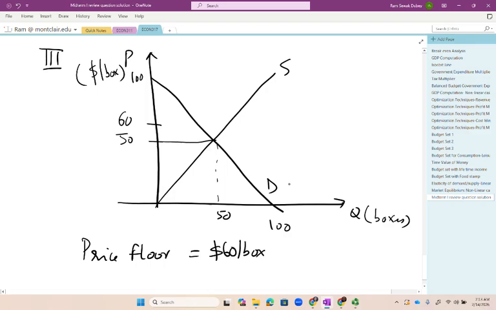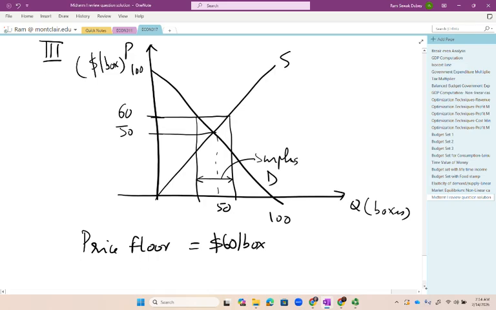If price floor is 60, at this price we can find out the quantity supplied is somewhere here, quantity demanded is somewhere here, and so demand is smaller than supply, which means we will have a surplus.